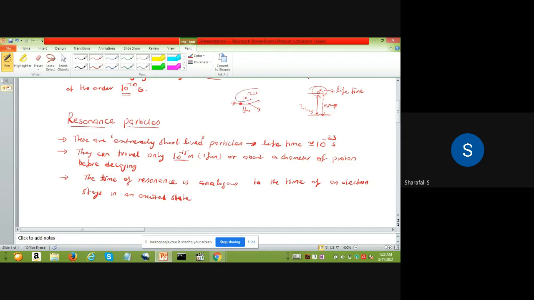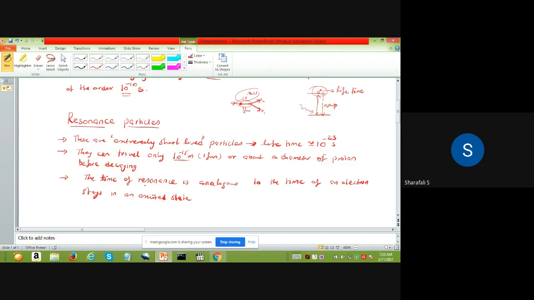It's only this 10 to the minus 23 seconds that you can have that particle. After that, it will decay into some other particles, P1, P2. So it is just like the electron which is excited. Here it is the excited state, then it comes back to the ground state of these particles.